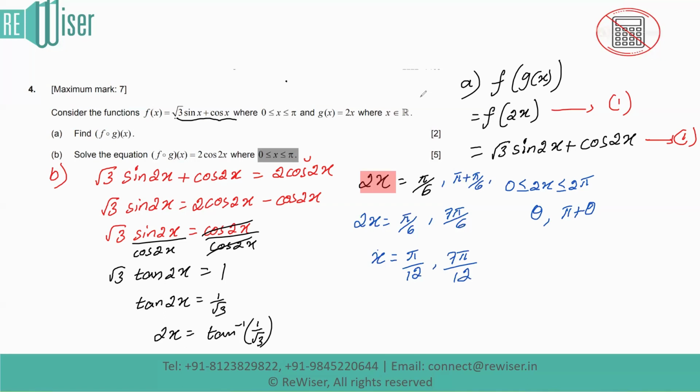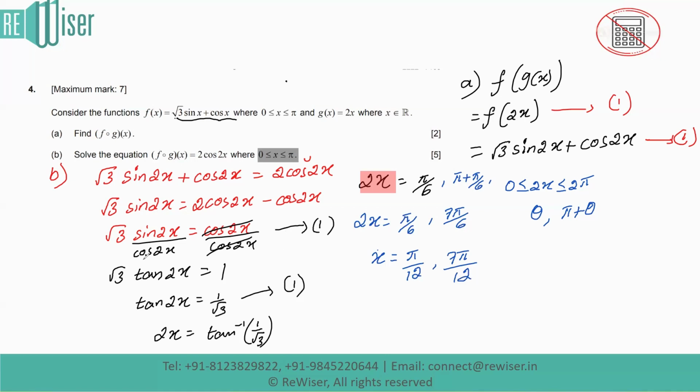And the 5 marks distribution goes something like this. Showing the simplification, that is root 3 sine 2x equals cos 2x, till this step you will get 1 mark. And getting the expression either tan 2x equals 1 over root 3, or you can also get it in terms of cot.